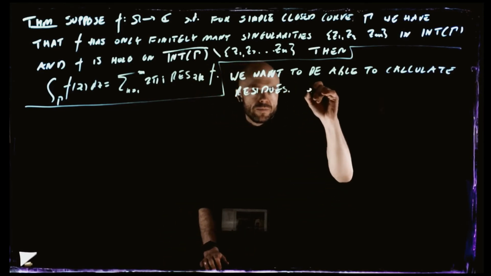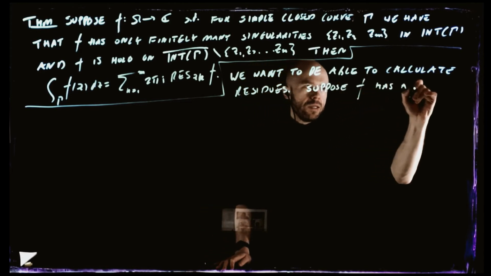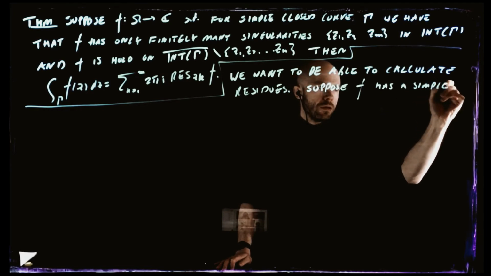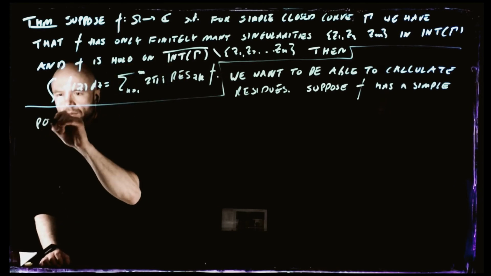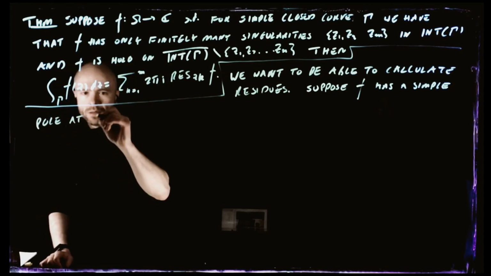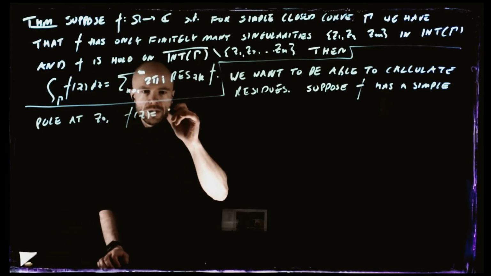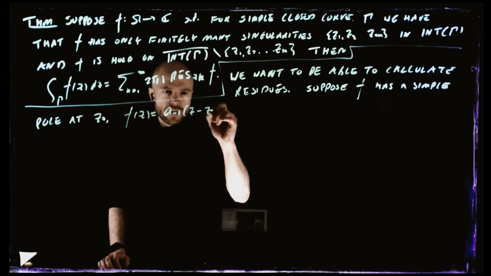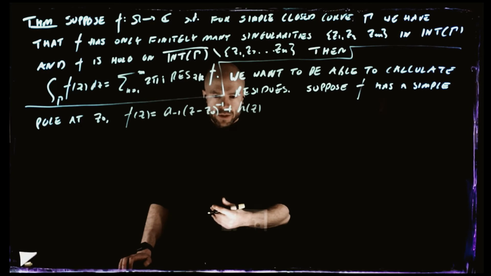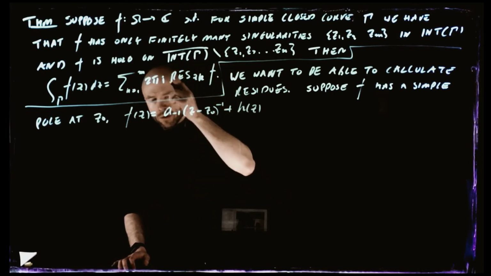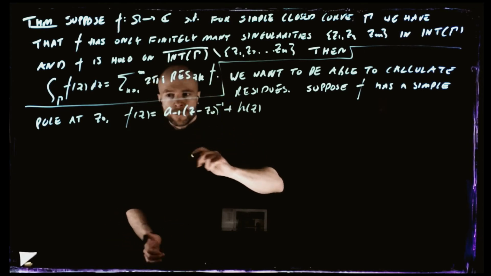So suppose f has a simple pole at z0. Then what does that mean? That means f(z) is equal to a_{-1}(z - z0)^{-1} plus some holomorphic function like this. That's exactly what a simple pole is. The order of the pole is 1, so that's the only term in the principal part.